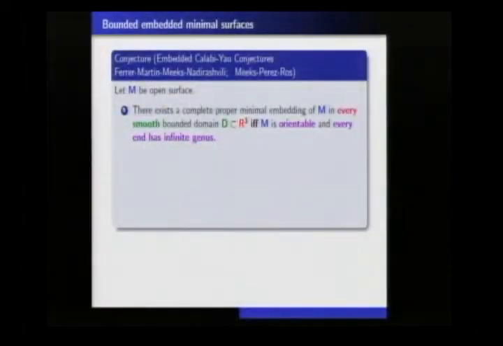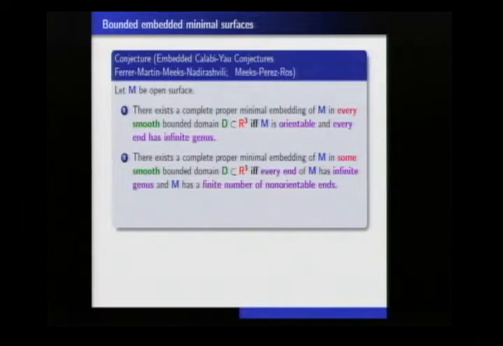So no matter what the smooth bounded domain is, this surface will exist as a complete, properly embedded minimal surface in that domain. The only condition is that it's orientable and every end has infinite genus. So that's a necessary and sufficient condition to always solve this problem for any smooth domain.